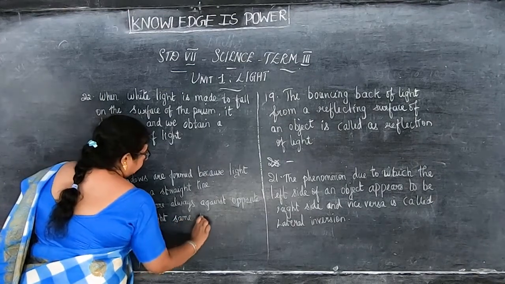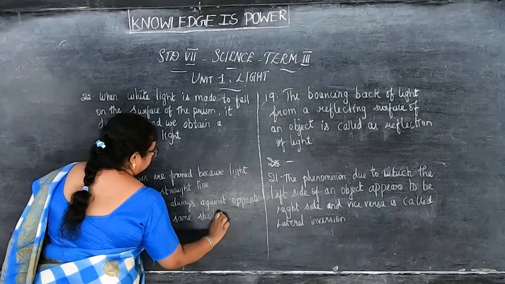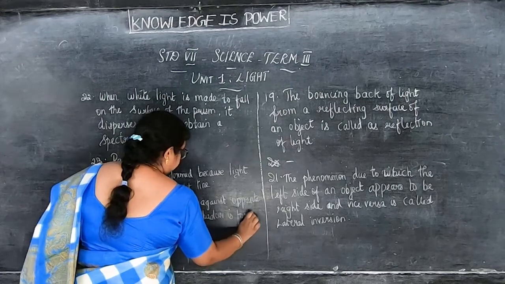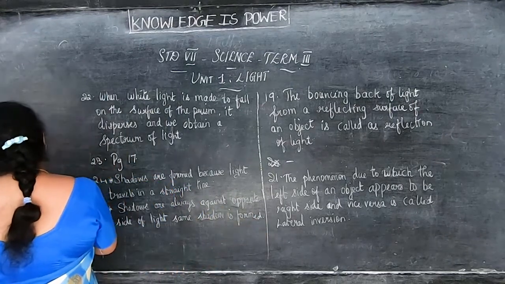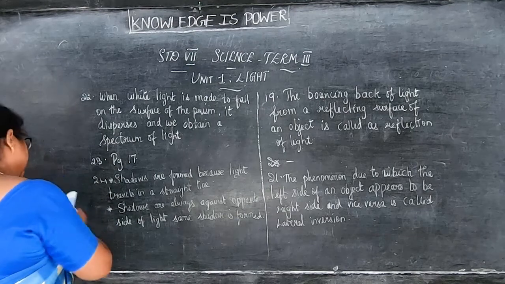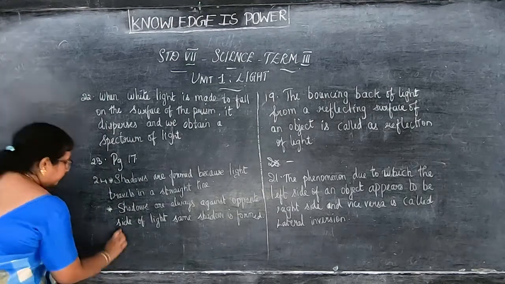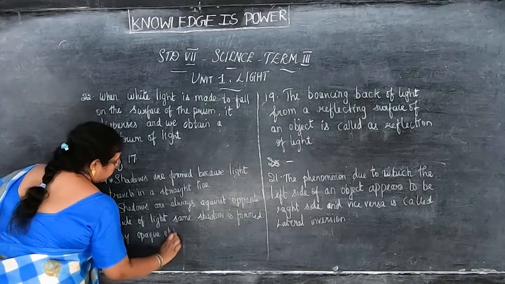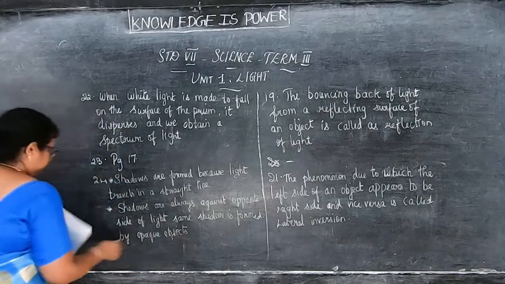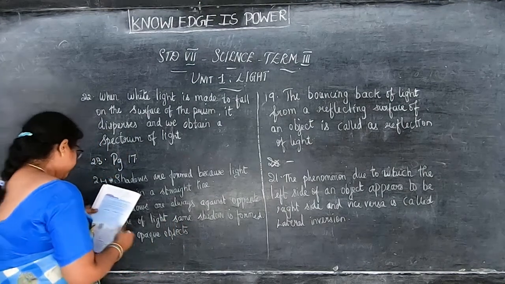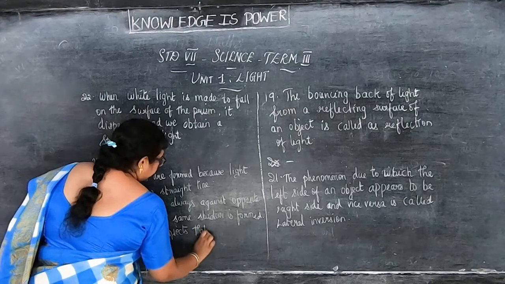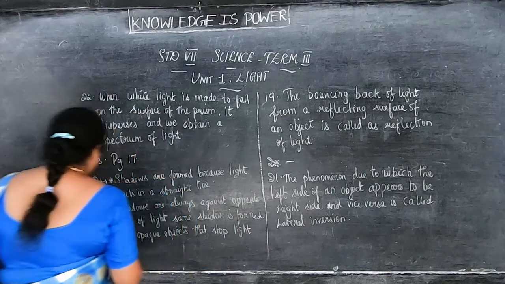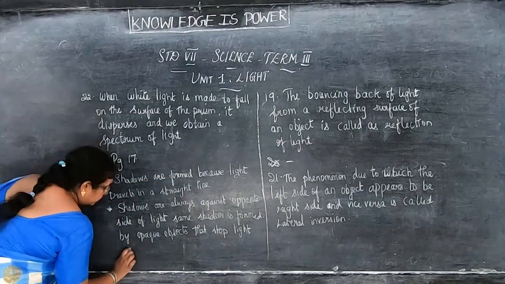Shadow is formed by opaque objects that stop light from propagation.